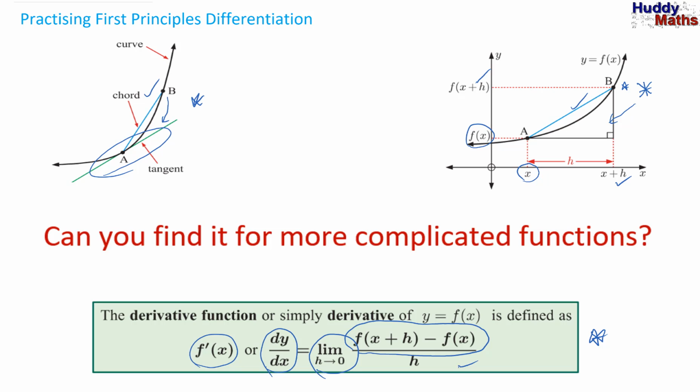Well, what's this right in the middle of the screen? Can you find that derivative function for more complicated functions? You've done some from the textbook already, but the aim of this video is to give you a chance to practice some slightly harder ones and to actually see if you can work one out that you've not seen before. That's a fair challenge, isn't it?